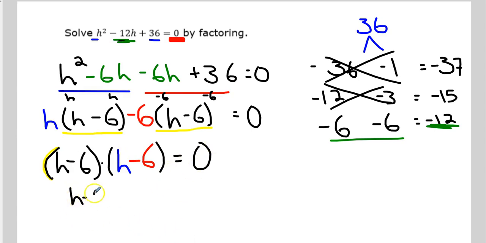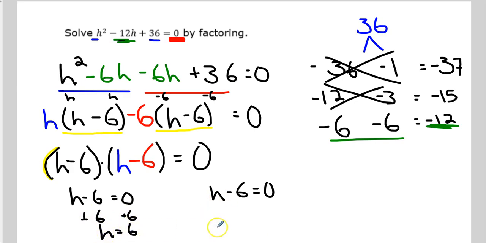So I have h minus 6 is equal to 0, and h minus 6 is equal to 0. Add 6 to both sides. We find that h is equal to 6, and also that h is equal to 6. So we have one solution, which is 6.